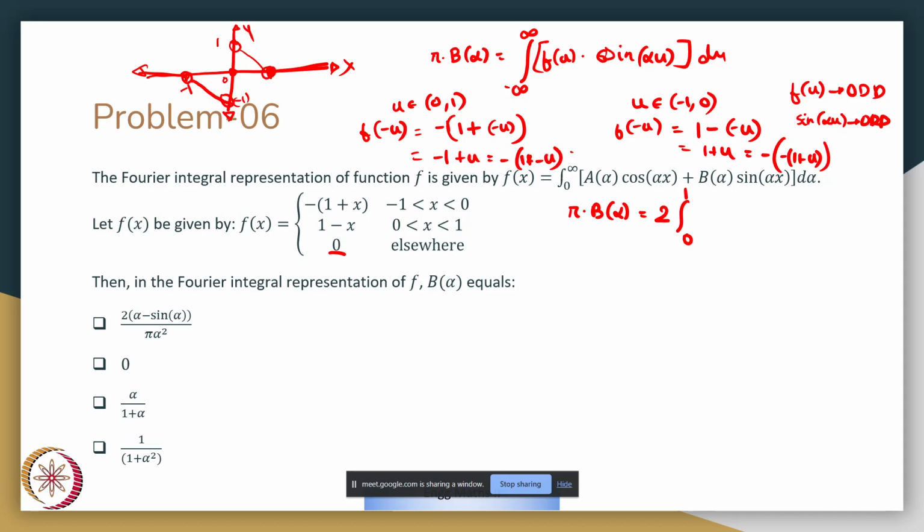Everything else is simply vanishing out. So it is 1 minus u sine of alpha u du. So I'll just write pi by 2 times b to be equal to the integral from 0 to 1 of 1 minus u sine of alpha u du.